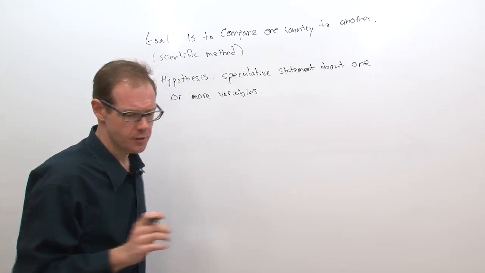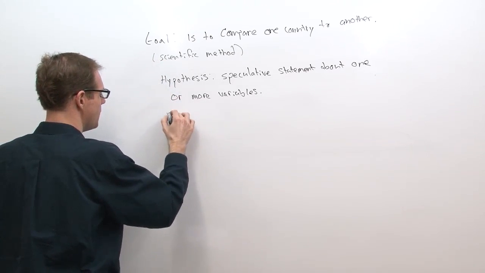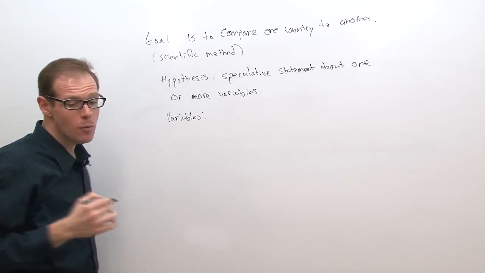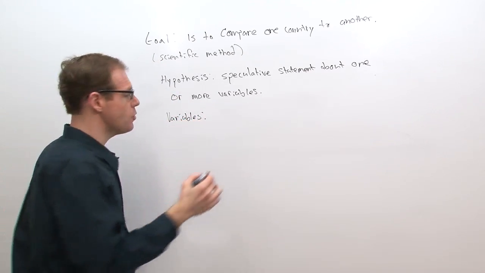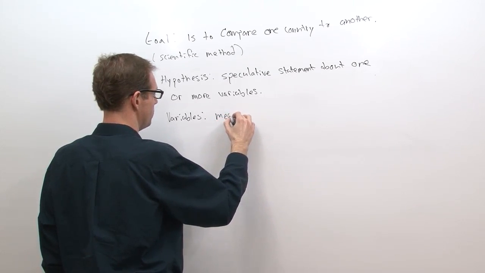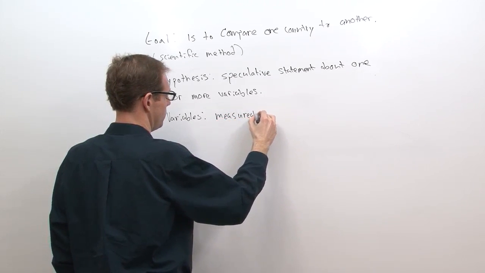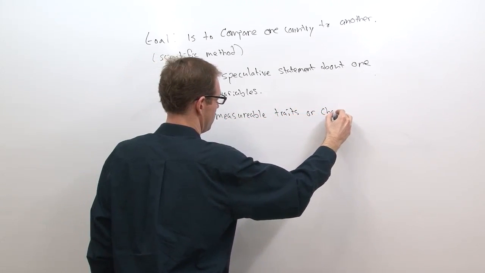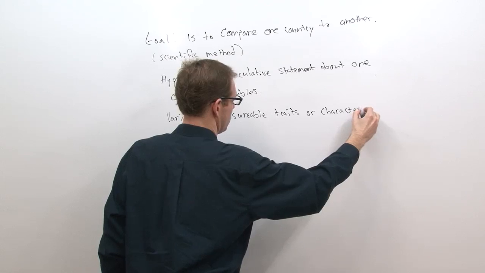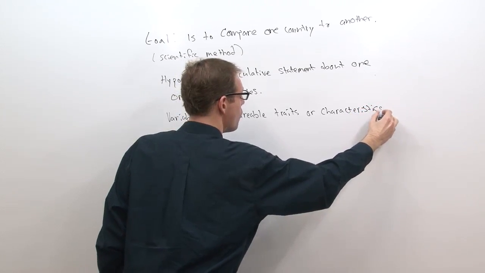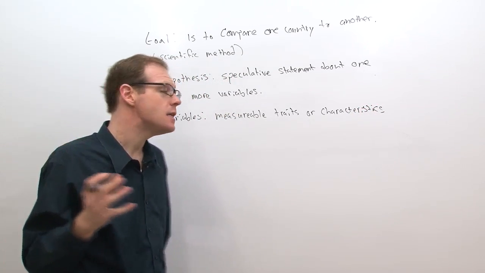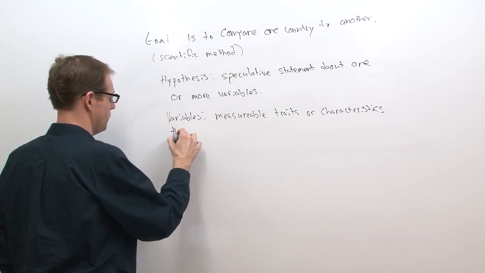Now, variables will be our second element. Variables are measurable traits or characteristics that change in different conditions.